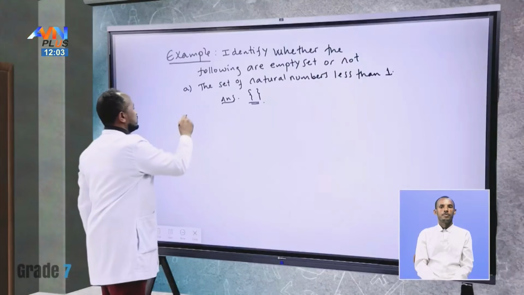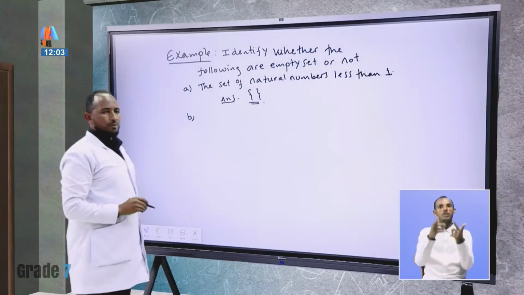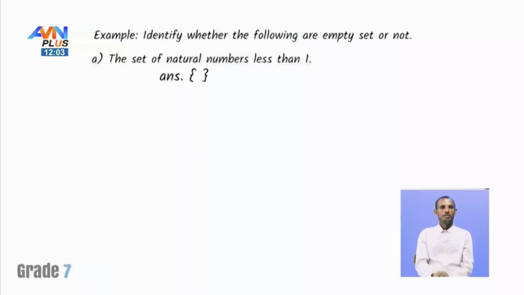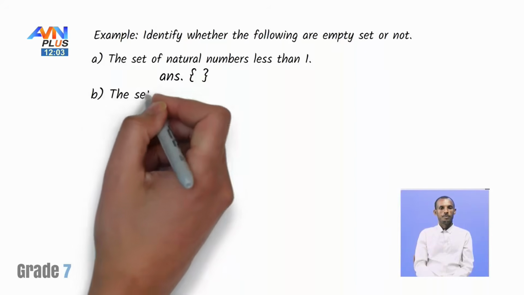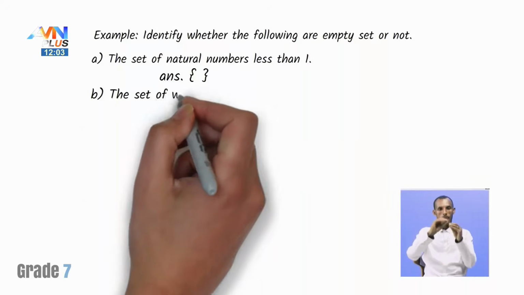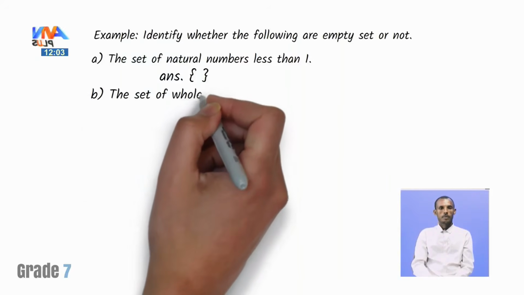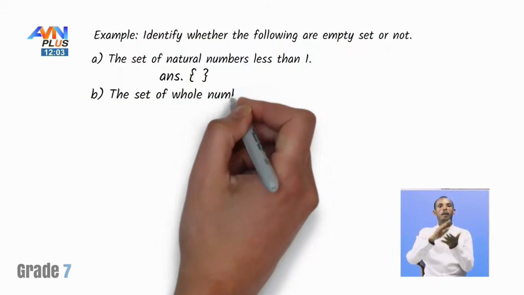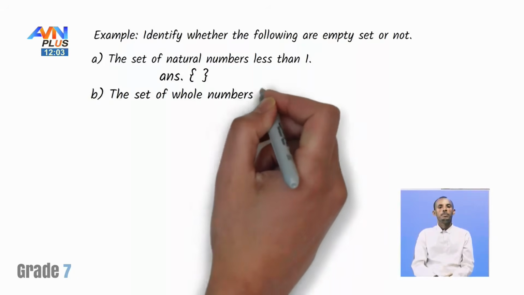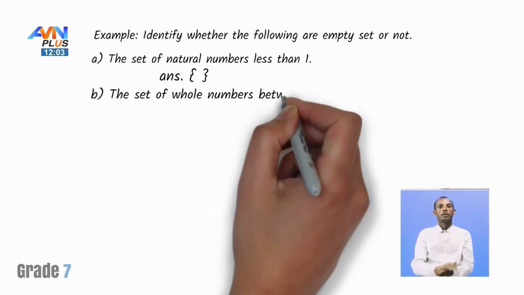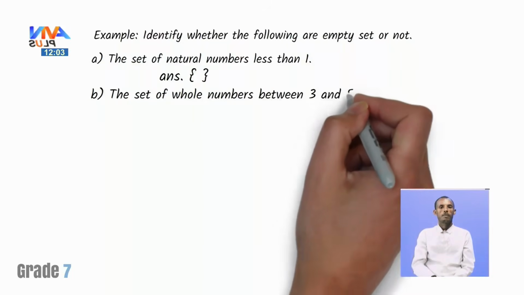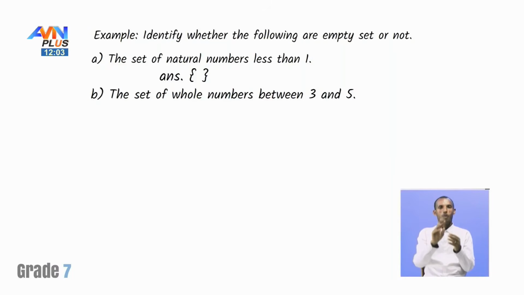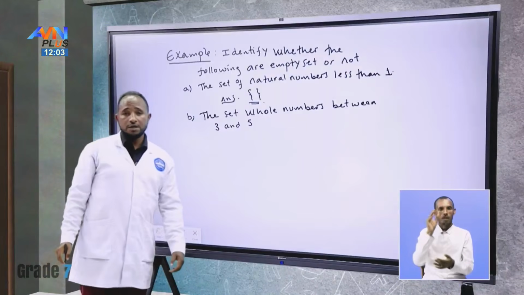Now let's continue to the second example. The set of whole numbers between 3 and 5. Is this set an empty set?